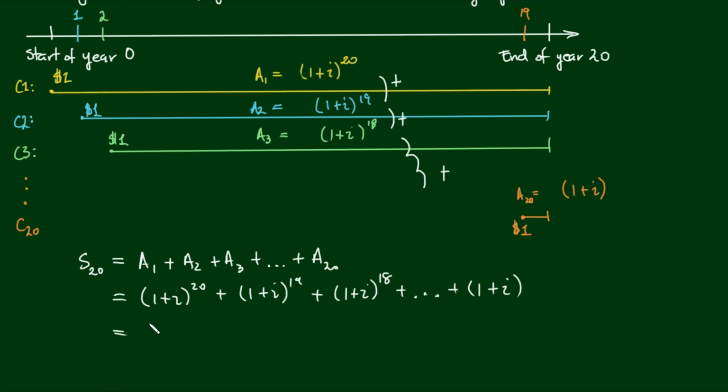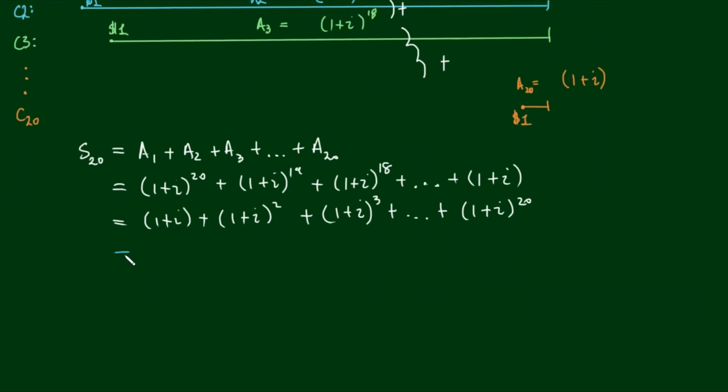So I'll write this as (1 plus I) plus (1 plus I) squared plus (1 plus I) cubed plus all the way to (1 plus I) to the power of 20.